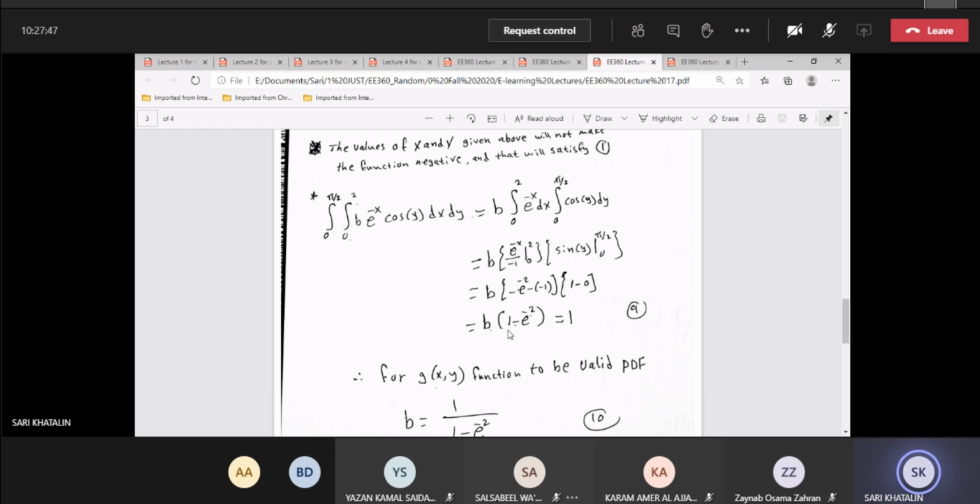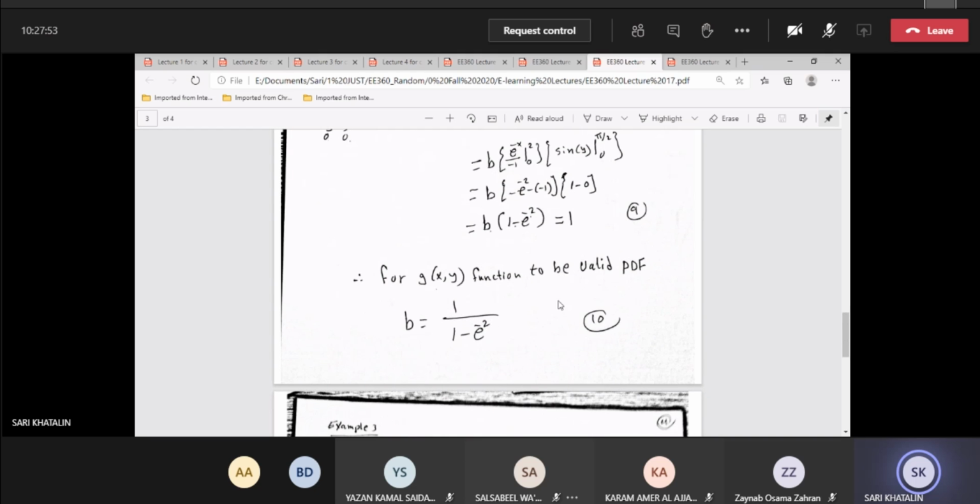So obviously the question is asking to find the value of b, which means that for the g function here to be a valid PDF, b will have to be equal to 1 divided by 1 minus the exponential of minus 2, which came from equation 9. Very simple.